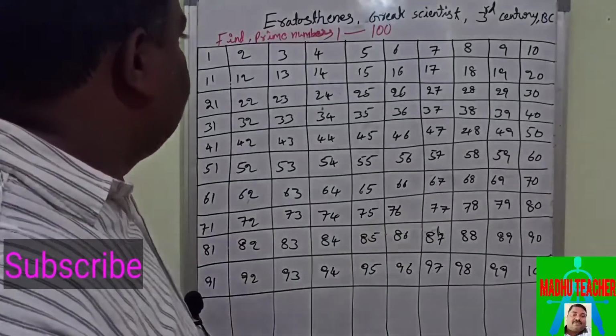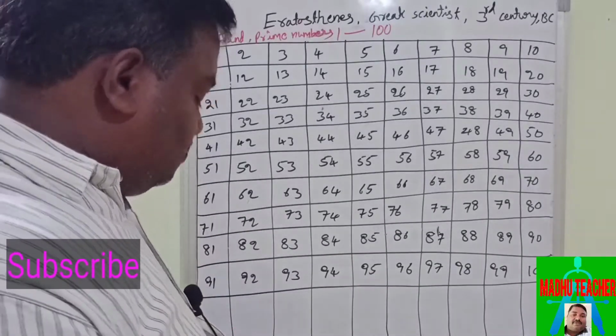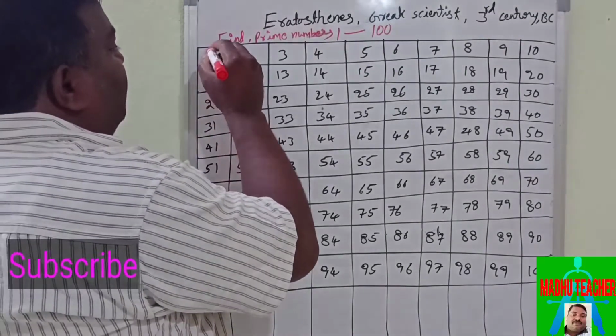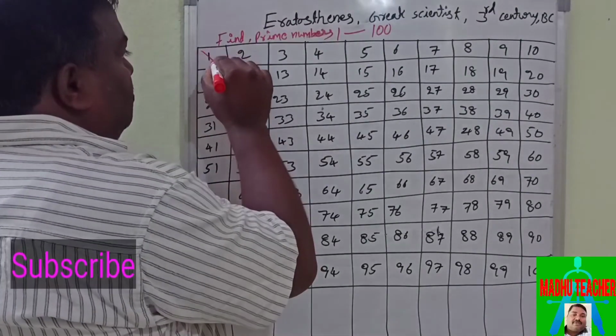First, 1 is neither prime nor composite, so cross it out.